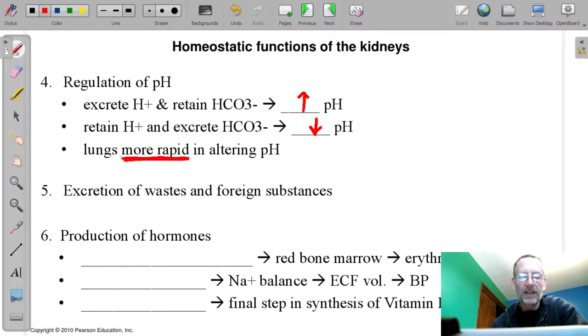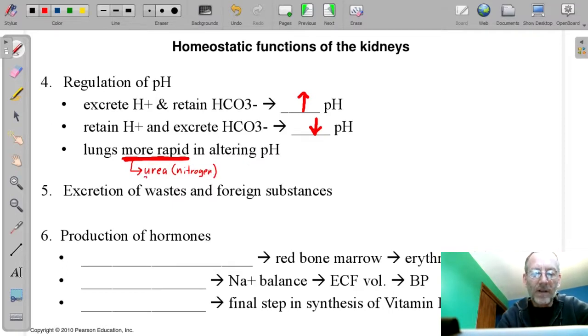Another function of the kidneys is excretion of wastes and foreign substances. So some of the wastes may include things like urea, nitrogen. Urea is how we get rid of nitrogen.